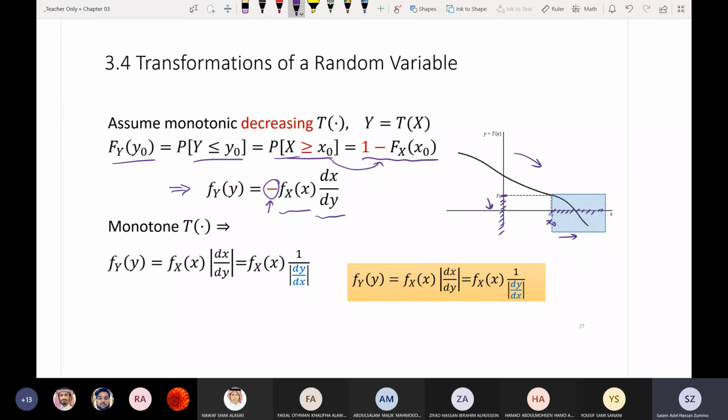So putting them together, f_Y(y) will be f_X(x) times the absolute value of dx/dy, or f_X(x) divided by the absolute value of dy/dx. واضحة يا شباب؟ Doctor, isn't it the same as the previous one? نفسها، بس الفرق أنه صار في absolute value هنا because of the negative.